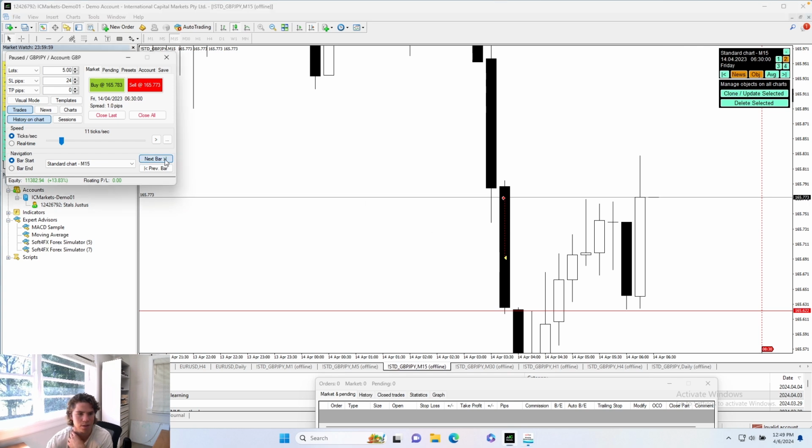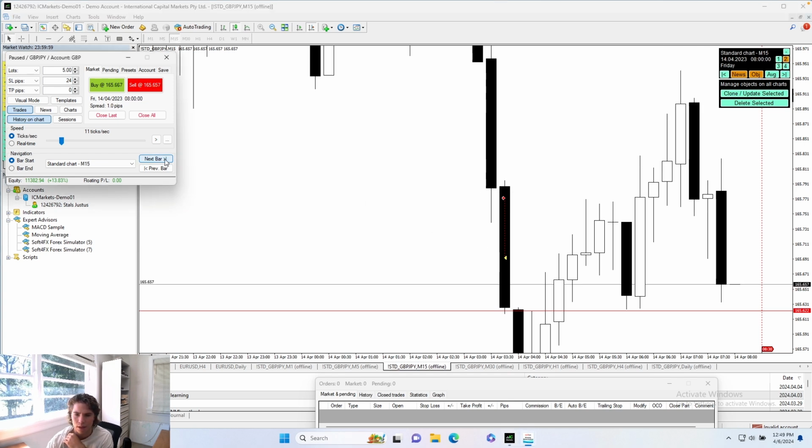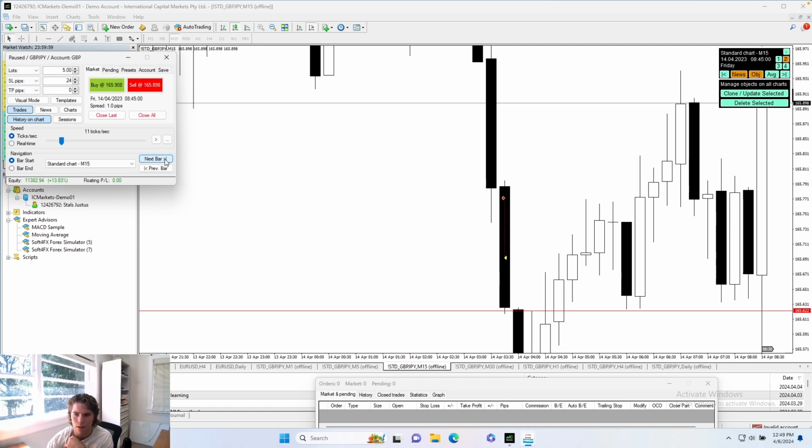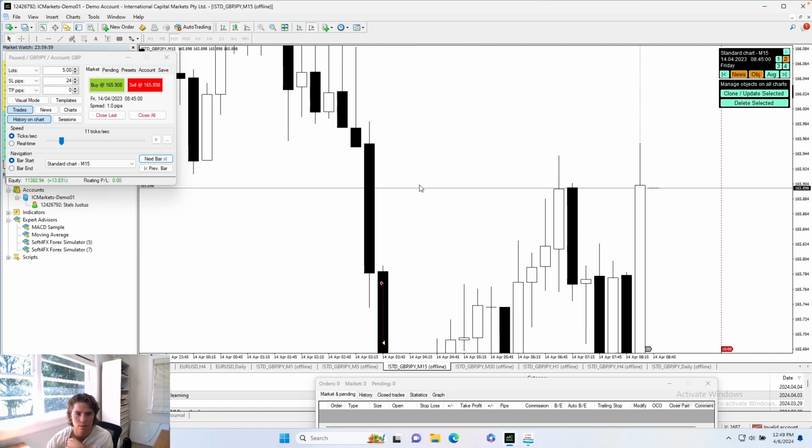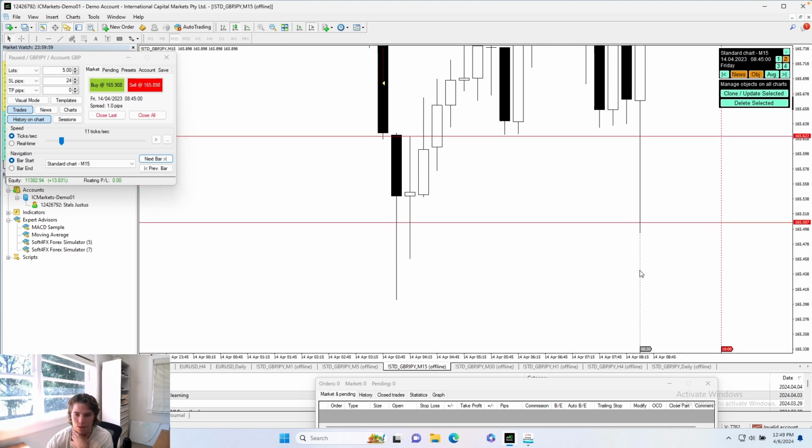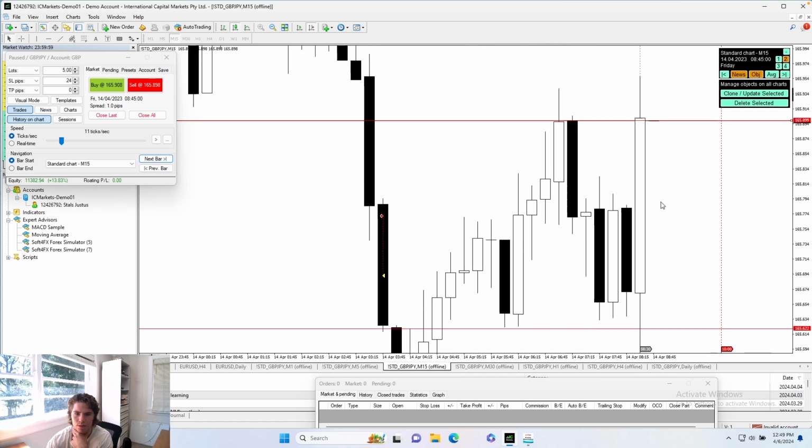Let's see what price does. If we can get one more pullback. Ooh. Interesting. Okay, so 15 closure above after news. What news was this? Retail sales.